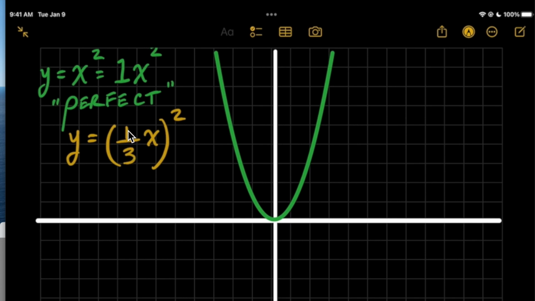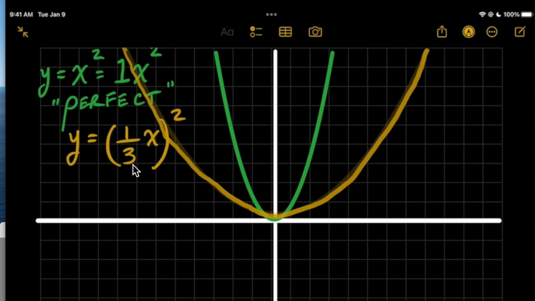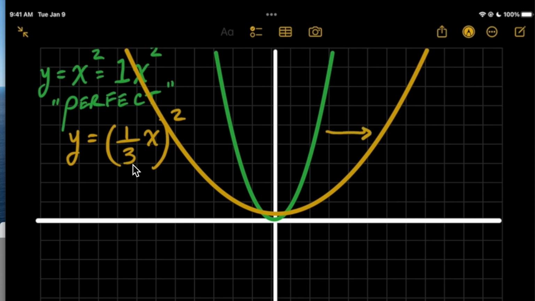The dog is running less each day, only 1/3 of a mile. So now this new parabola is going to be wider. Like so. So what is this, ladies and gentlemen? This is a horizontal stretch because these x values have gotten bigger.